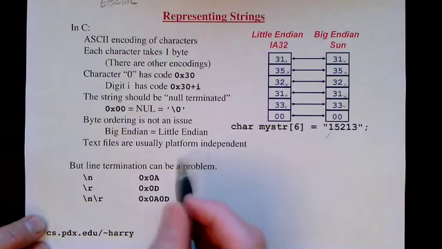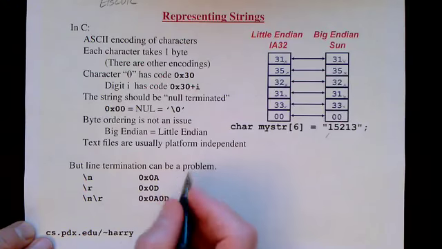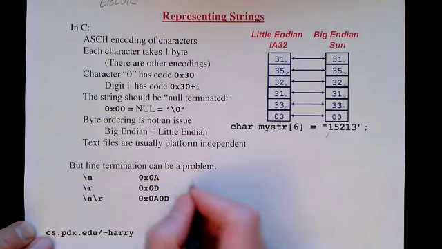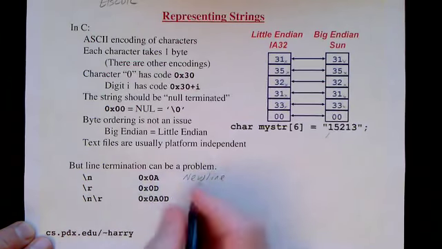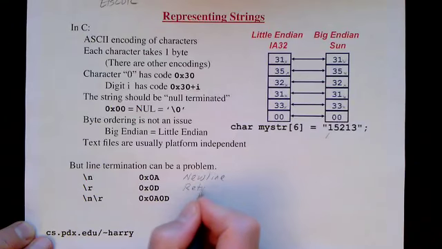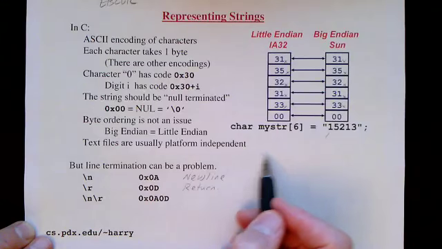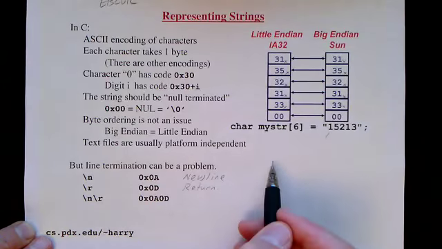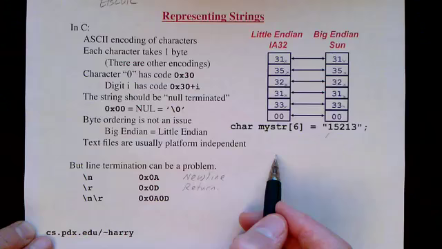There are a couple of control characters that are of interest, and they can cause a problem. I mentioned \n. This is called the new line character. And then we have the \r, which is called the return character. In a text file where we have multiple lines of information, we terminate each line with something to indicate that that's the end of the line.